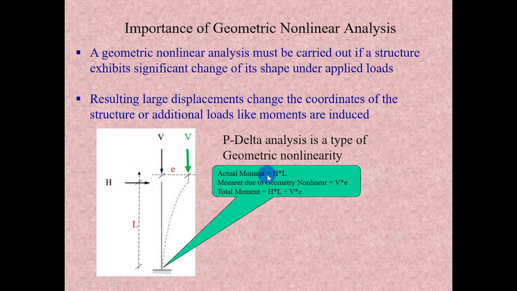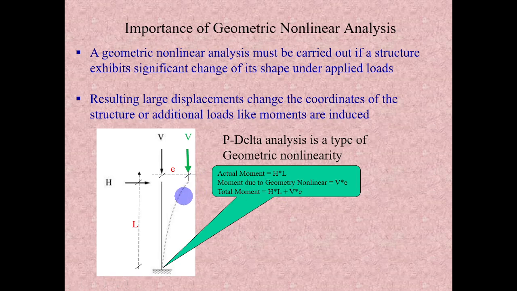The actual moment is H into L if we ignore the geometric nonlinearity. The additional moment due to geometric nonlinearity comes from the V load moving sideways by distance e. So V into e is the additional moment. The total moment is H into L plus V into e. This additional moment we have to account for in case the geometry is deformed too much.